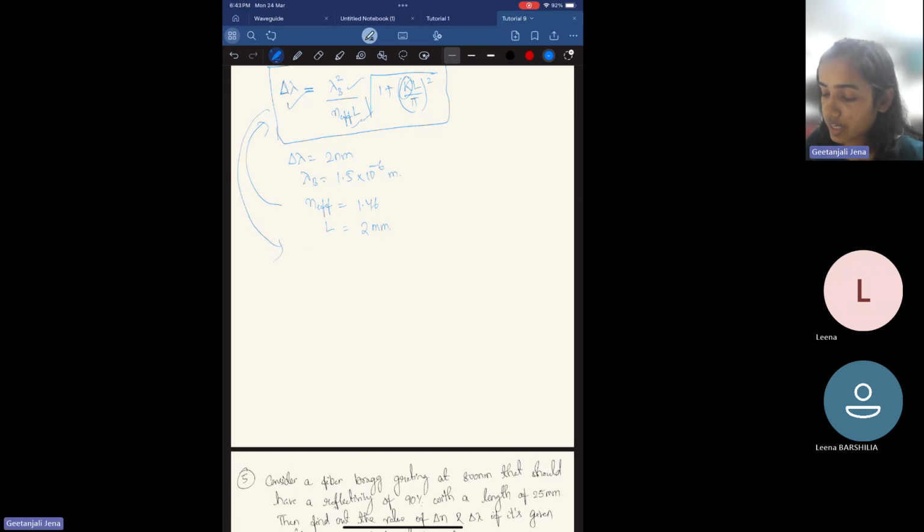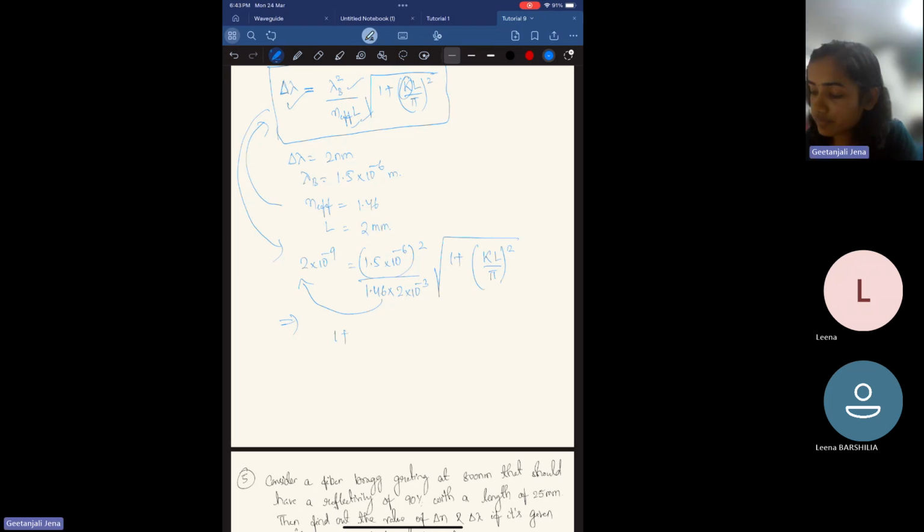So if you use this, we have 2 × 10^-9 equals λ_B² which is (1.5 × 10^-6) squared, over 1.46, L is 2 mm, times the square root of 1 plus (κL/π)².